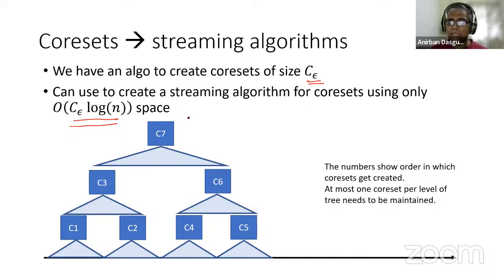You can do this using a merge and reduce kind of algorithm. Basically, create a coreset, create another coreset, merge the two coresets, and then keep on doing it.